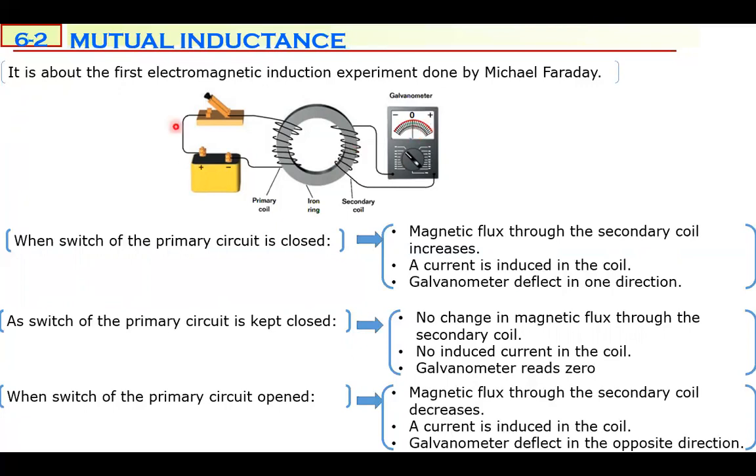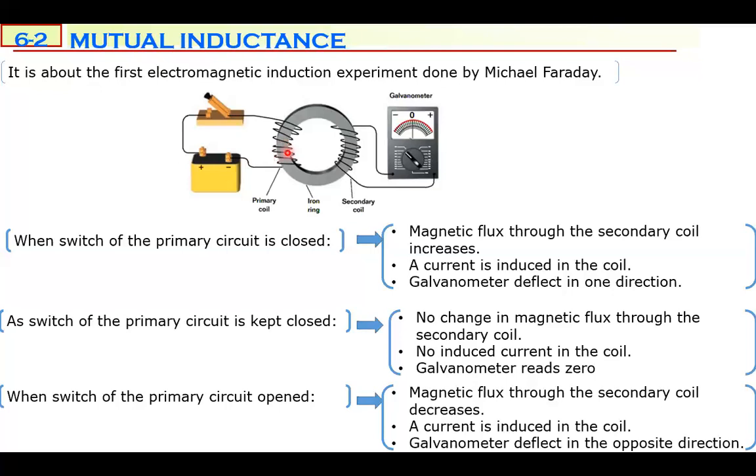When the switch is open, there is nothing. There is no current, no magnetic field, no magnetic flux. So the galvanometer reads zero. But when the switch of the primary circuit is closed, you provide a current to the primary coil, which means you produce a magnetic field in this coil.